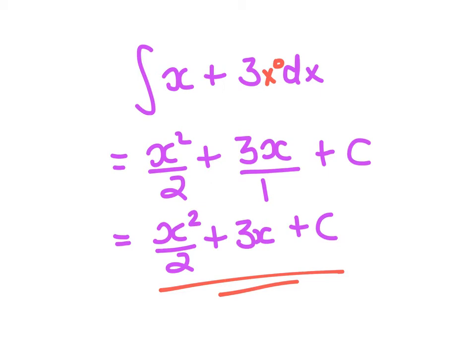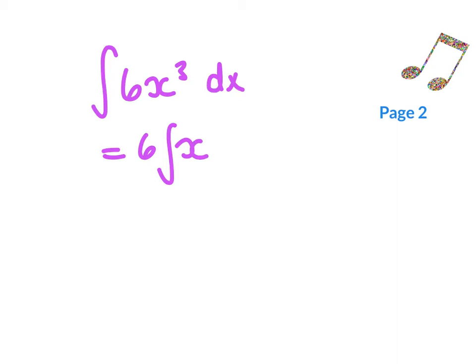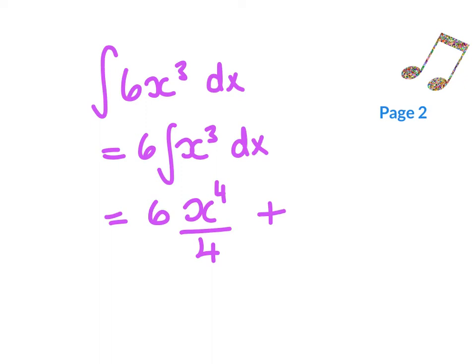Okay, we're going to page 2 in our notes, and the first example that we're going to do is 6x cubed. And remember, that's the same as 6 times the integral of x cubed, which is 6 times, well, the x I'm going to increase the power by 1, I'm going to divide by the new power, and I'm going to add the constant of integration.